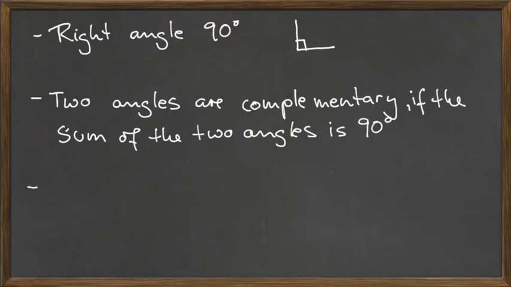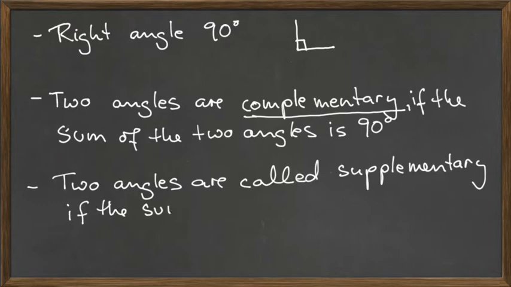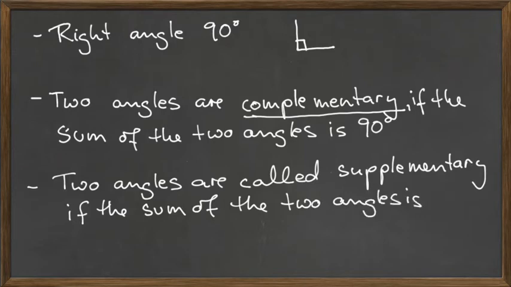Two angles are called supplementary if the sum of the two angles, if the angles are supplementary, those two angles have to add up to what? 180 degrees.